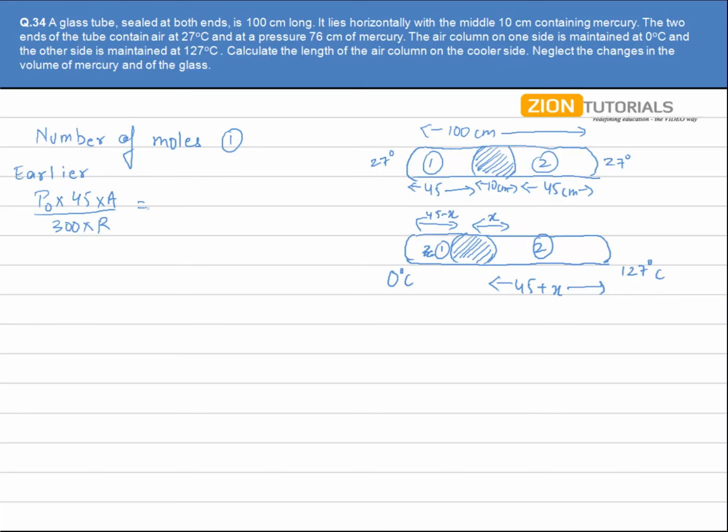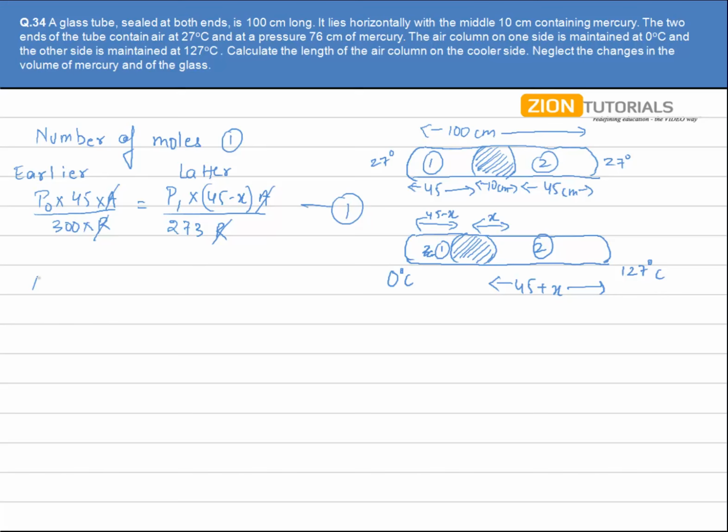This should be equal to the number of moles afterwards, when it is 0 degrees Celsius. Let us assume that the pressure is P1, and the volume is 45 minus x into A, divided by 273 into R, right? So we can equate both these things because the number of moles will be the same. Now this is equation 1.